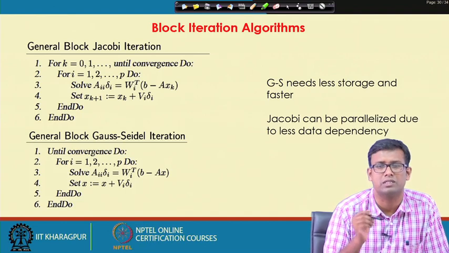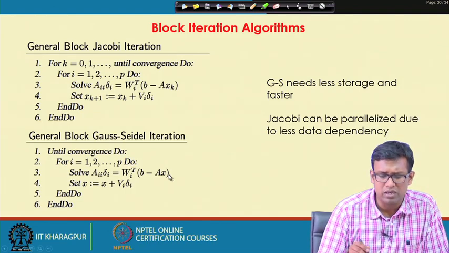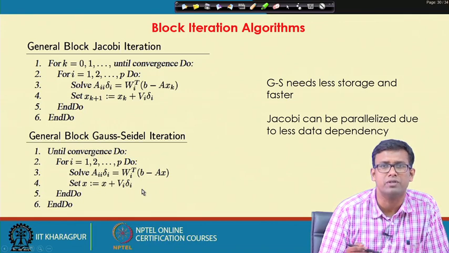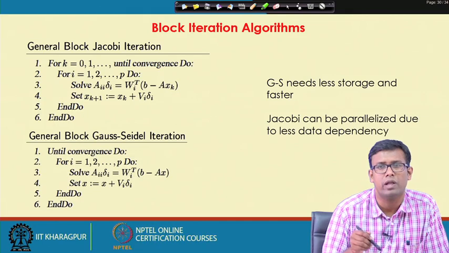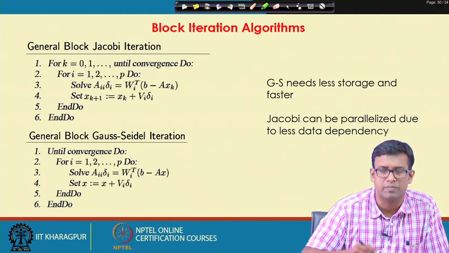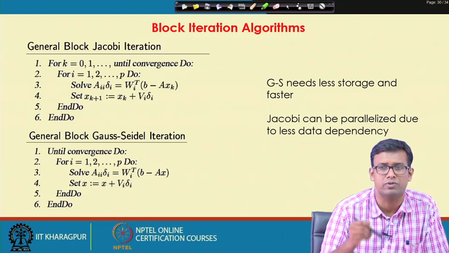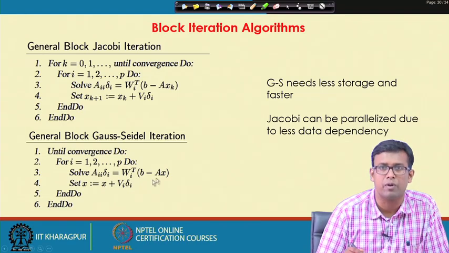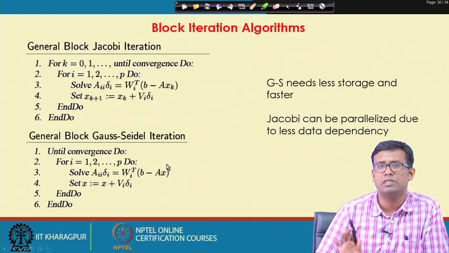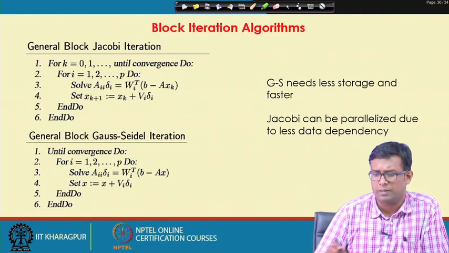Everybody is using the last iteration value. Block Gauss-Seidel cannot be parallelized in that way, because it is data dependent. One particular block has to be aware of the updated value after the previous blocks in that iteration. The blocks which came before this particular block have been updated, so it is difficult to parallelize.